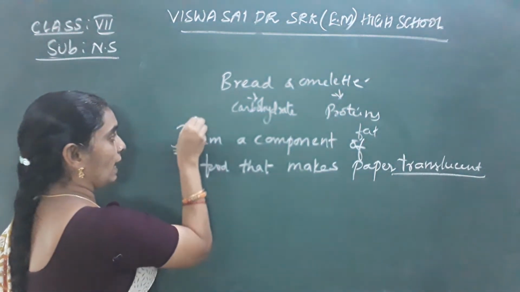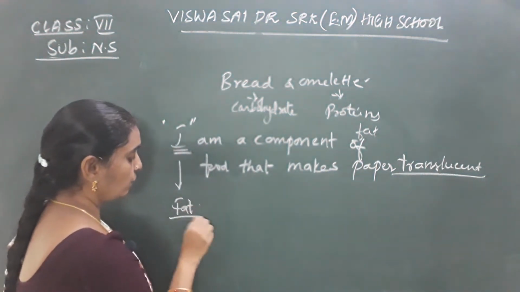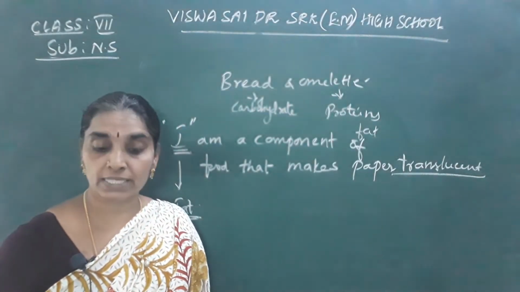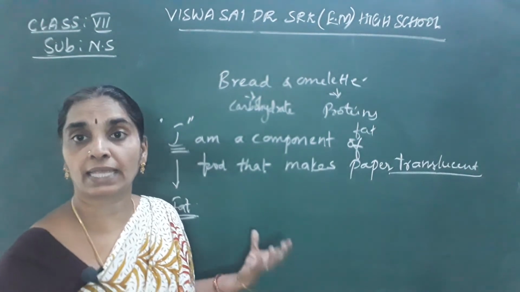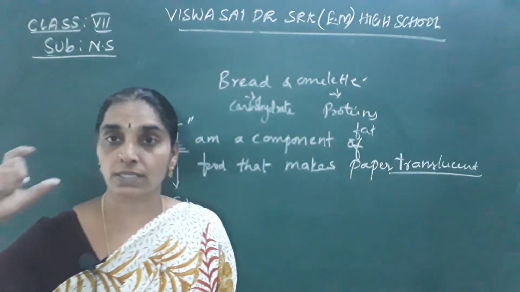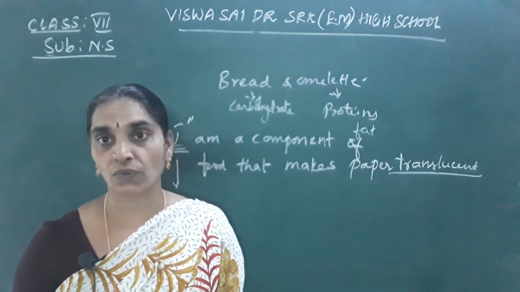So here, who am I? Here it is fat. You know it, in the test for fats, you take a piece of paper and rub it against the fat product, and look at it against the sun or any source of light.